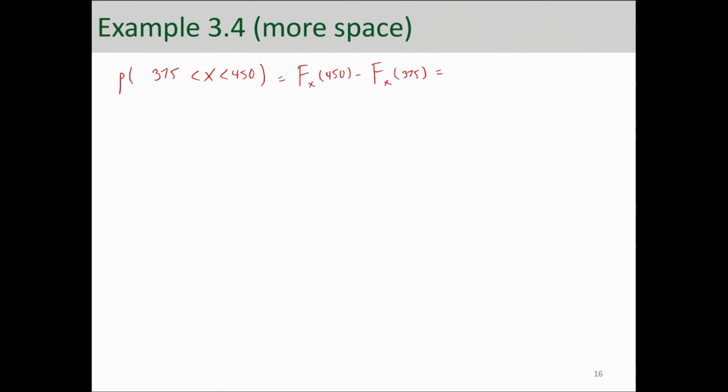Here this would be 0.0025 times (450 minus 300) minus 0.0025 times (375 minus 300). That will be equal to 0.375 minus 0.1875, which is equal to 0.1875.